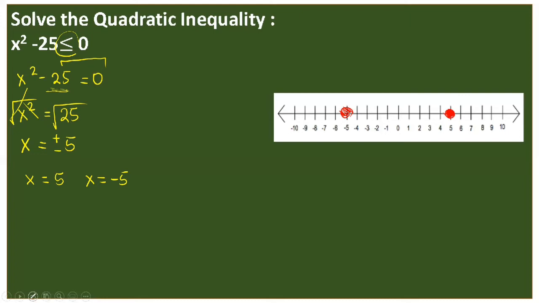So now we have the negative 5 and positive 5. We have here the first region, second region, and third region. So this is first, second, and the third region.